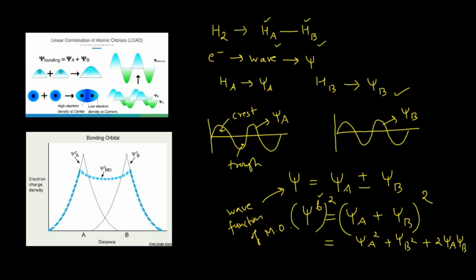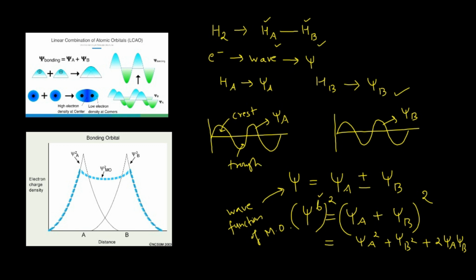So you can see here what I have explained so far. Psi A square and psi B square indicate the electron charge densities of the wave functions in hydrogen atom A and hydrogen atom B, that is psi A and psi B for the isolated atoms. And the square of the wave function of the bonding molecular orbital is the electron charge density between the atomic nuclei.